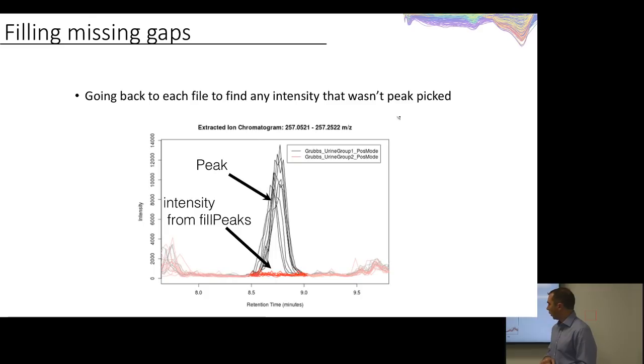And in our other sample class that we're comparing to, there's absolutely no intensity. And so in many softwares, what you would get is a simple NA value or a 0 value or something. In XCMS, what we do is we go back and we fill in the baseline. And so that way you get some sort of number compared to your actual full result. This really helps your statistics. It really helps your overall analysis as well.